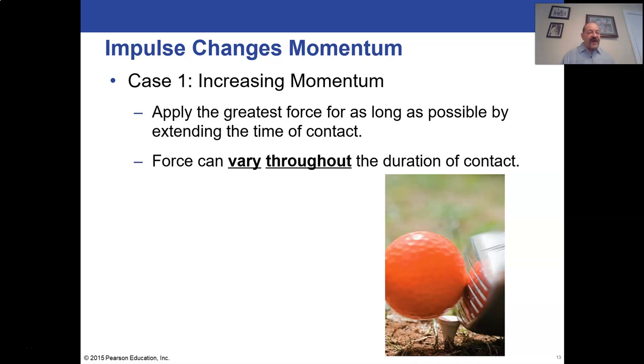The force will vary during contact. So when you're swinging at a golf ball, or a baseball, or hitting a tennis ball with a racket, the force that's imparted as it's contacting is not exactly equal at every moment in time, but that average force is multiplied by how much time you actually contact the ball or the object you're hitting.